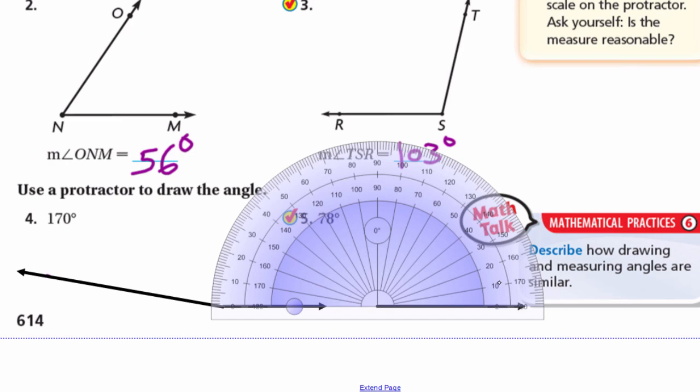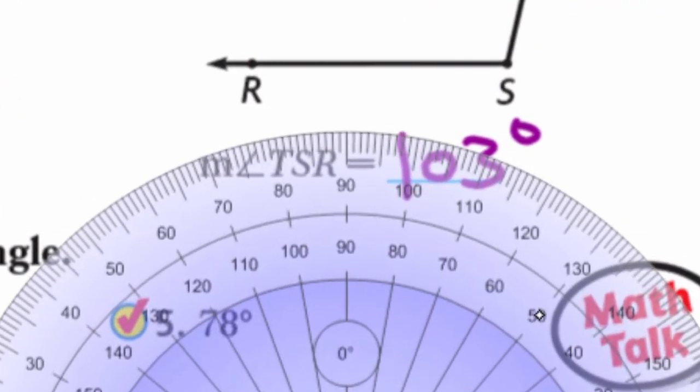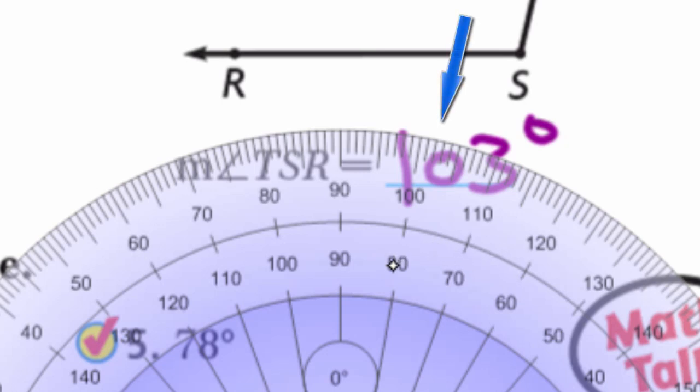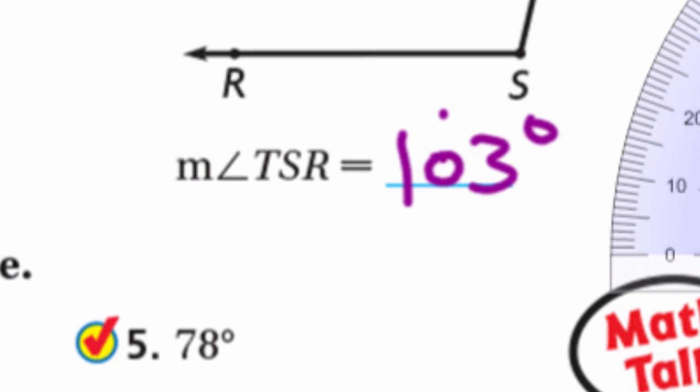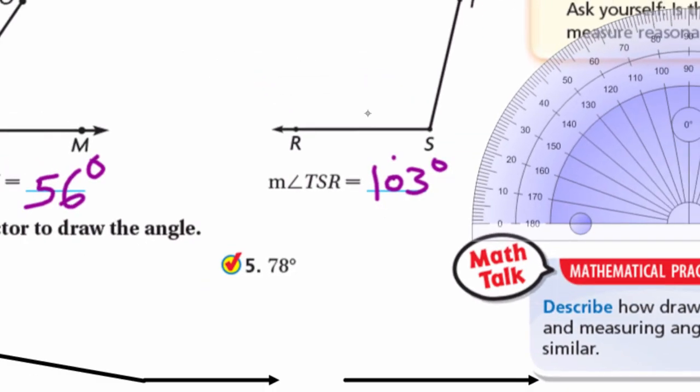So 0, 10, 20, 30, 40, 50, 60, 70, and 78 will be just before 80, with 2 marks. And we will connect this point with the vertex, like this. So we'll have an angle of 78 degrees.